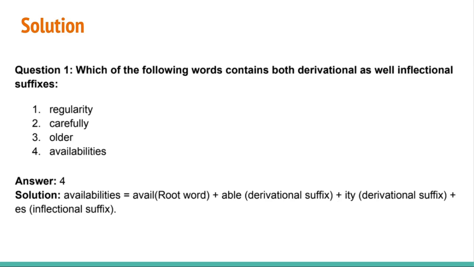This is just to highlight that based on our previous discussions on what is derivation and inflection morphology, we can clearly identify which are the derivation and inflection suffixes present. Now we'll discuss the next problem.